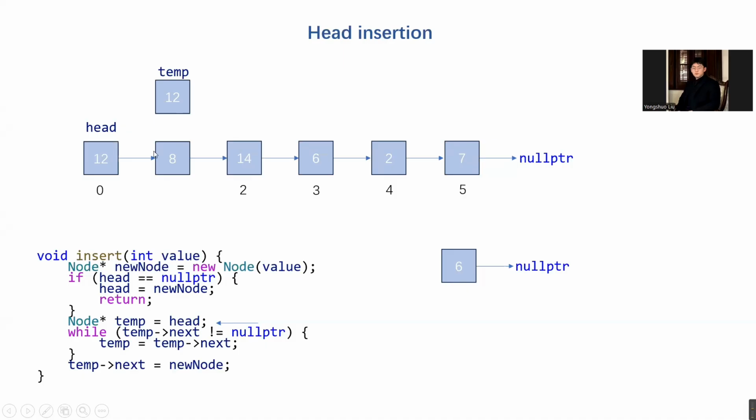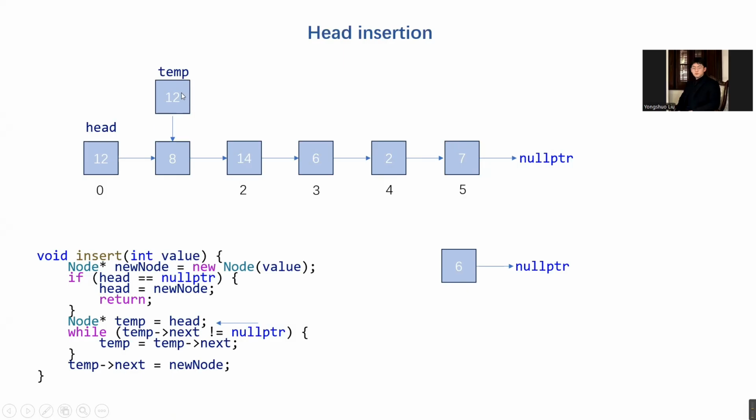We traverse from head to the last. So temp will equal head, because the type of head is node pointer. That means it will copy the head's address. It is not a deep copy of the node itself, just the address.